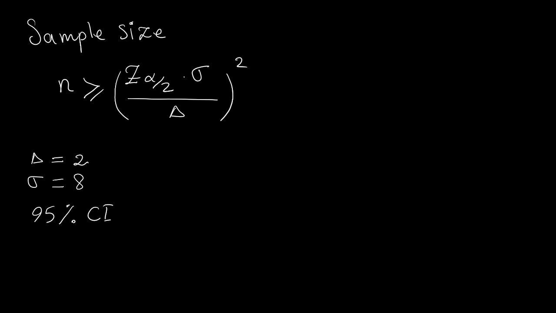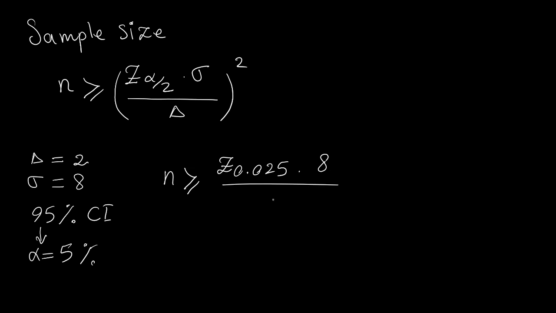Then the smallest sample size is n greater than or equal to z of alpha half, times sigma, which is 8, over 2, squared. Here alpha is 5%, so alpha half is 0.025.